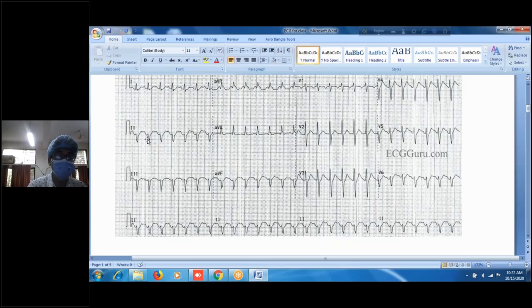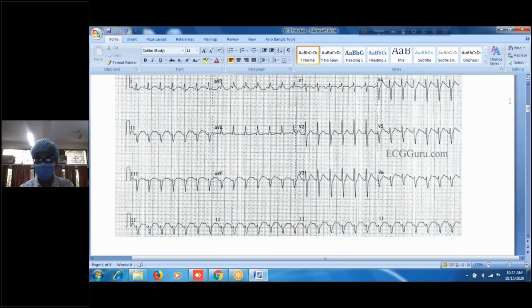You can't find any QRS complex with a P wave. No P wave. There is absent P wave. So when you get an increased heart rate, but regular, with absent P wave, this is SVT, supraventricular tachycardia.